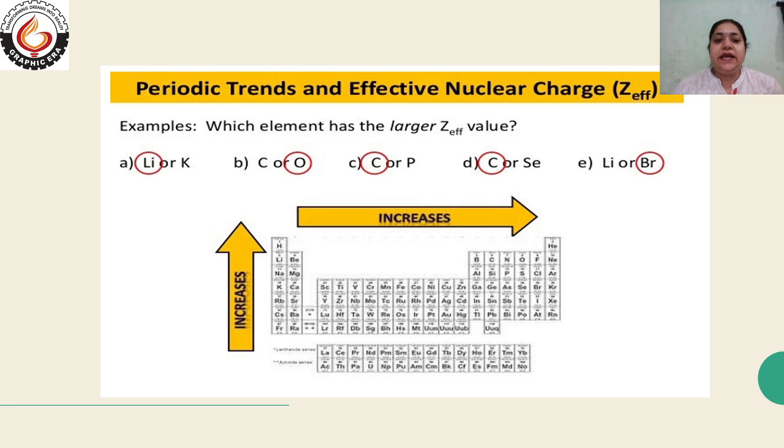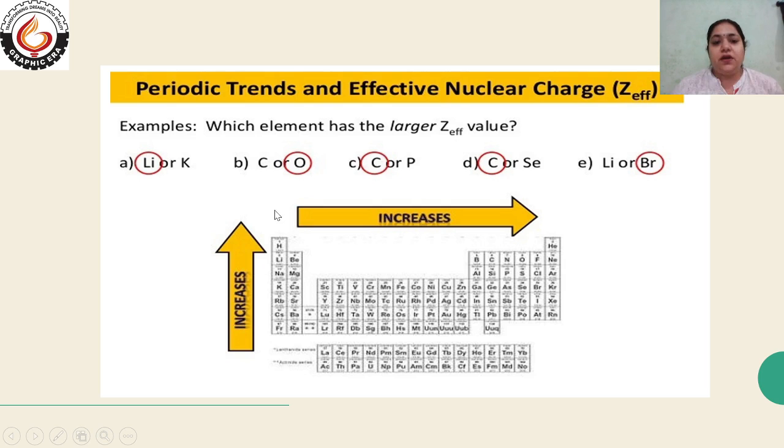So obviously when we move from left to right in a period, the number of positive charge increases, so the positive charge which is felt by the outer electron increases, clear. So in a period it increases.